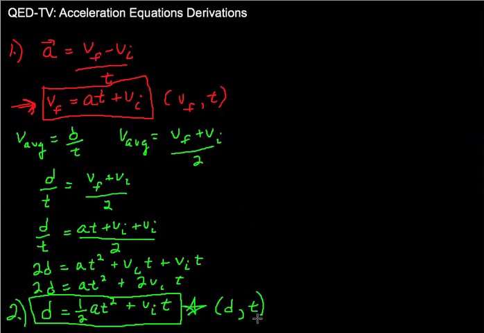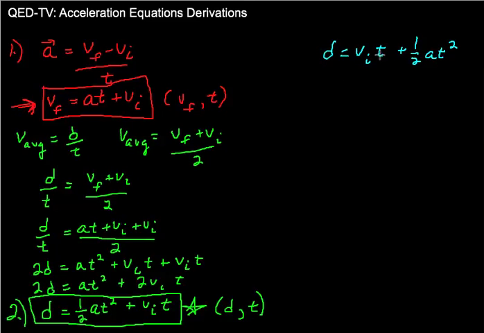So we're going to start with our second equation, d equals, maybe I'll rearrange this, vi t plus 1/2 at squared, which is a lot of times how I write it, so it doesn't matter which way you write this.